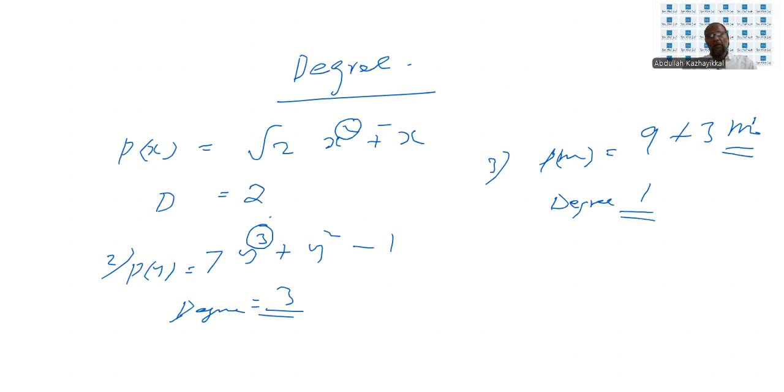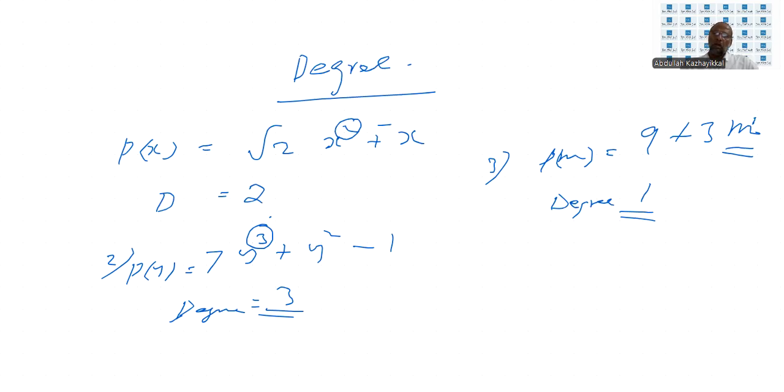So, we are coming to the law. When the degree is 1, that is called linear polynomial. All of you listen. You have to visualize what is degree. Degree means power of the variable or exponent of the variable.